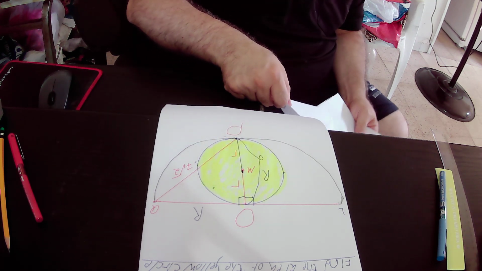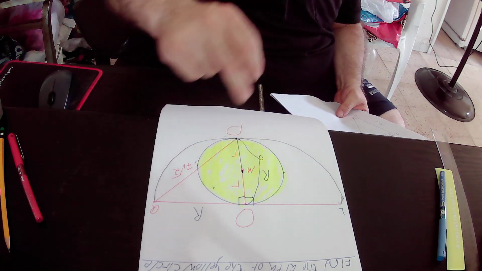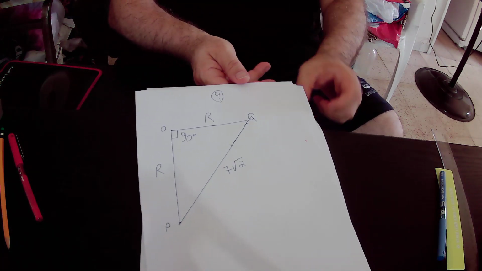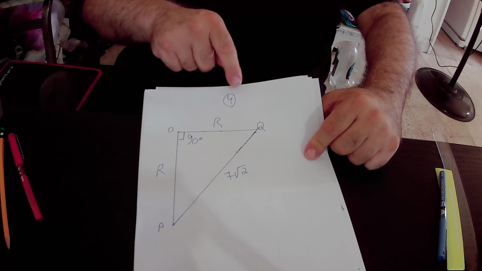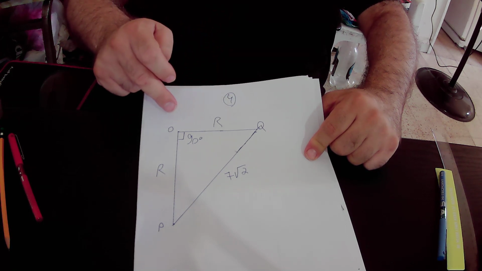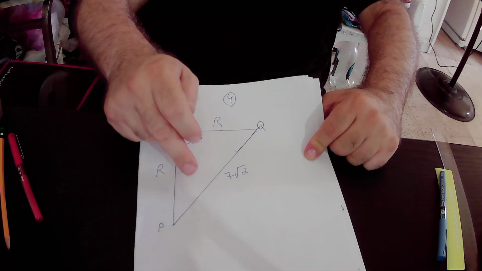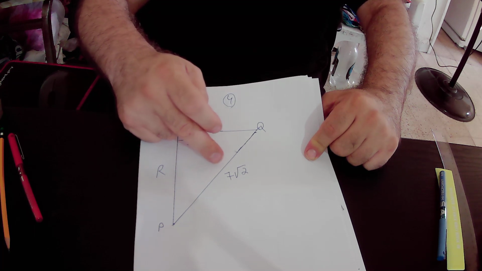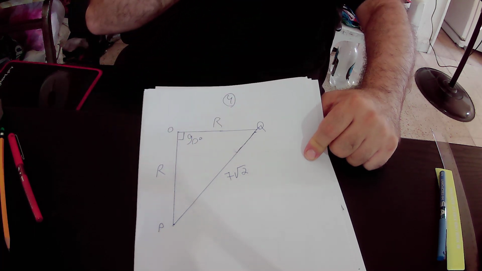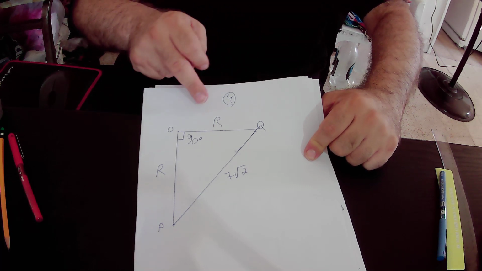So I draw again the right triangle POQ, and in the right triangle POQ, OP equals capital R, OQ also equals capital R, and the size of the hypotenuse in this right triangle equals 7 times root 2. So we can implement the Pythagorean theorem in order to find out the value of capital R.